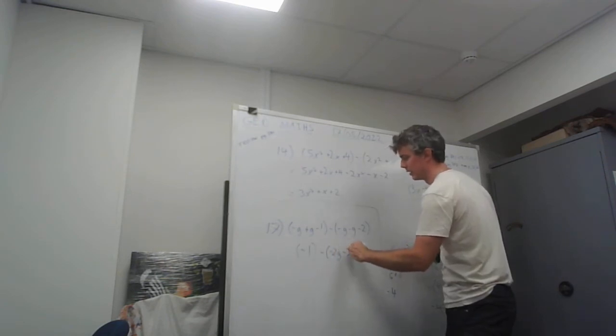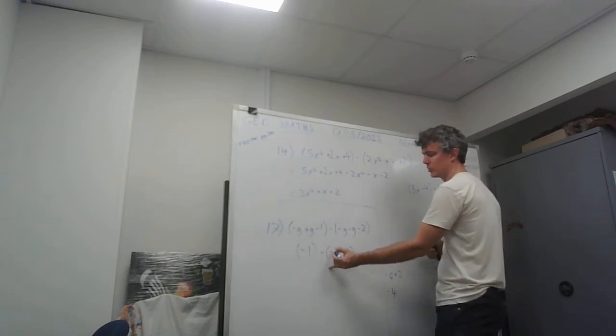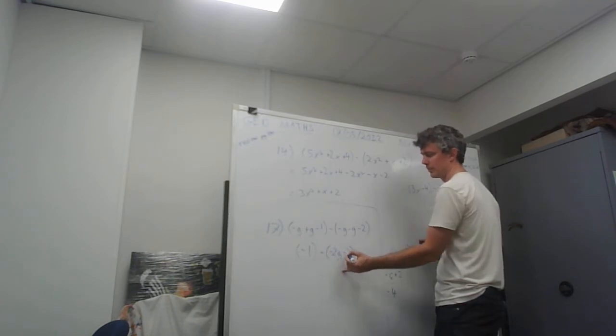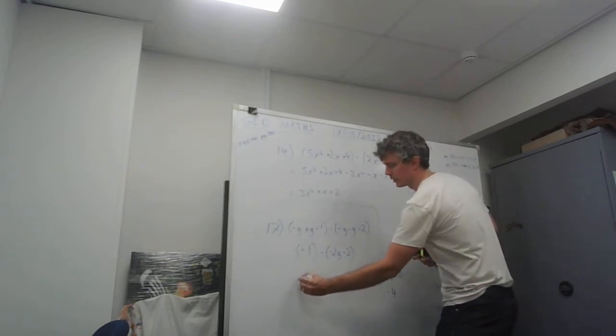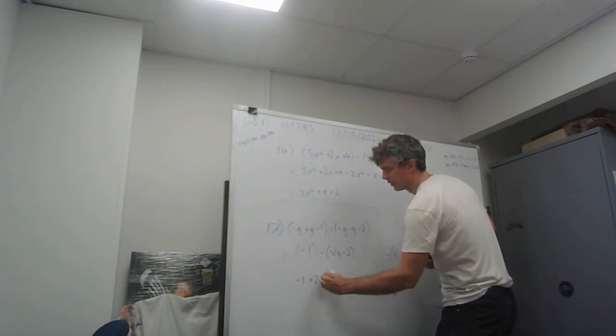Now we'll pull this minus in front, and each of these will change signs. Minus 1 times minus 2 becomes positive. Minus 1 times minus 2, again, positive. So this equals minus 1 plus 2g plus 2.